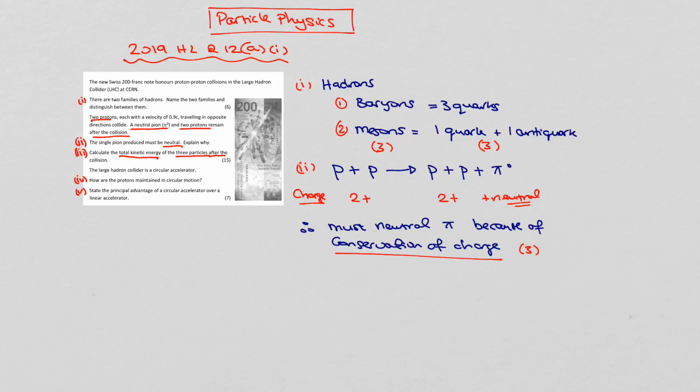So let's look at this question. One thing to note is the only piece of information given to us about anything here is the velocity. There's no other numbers involved in this question, which means we have to refer to our maths tables. Okay, so let's set up the question. So we have our proton beforehand, our proton, and our neutral pion afterwards.